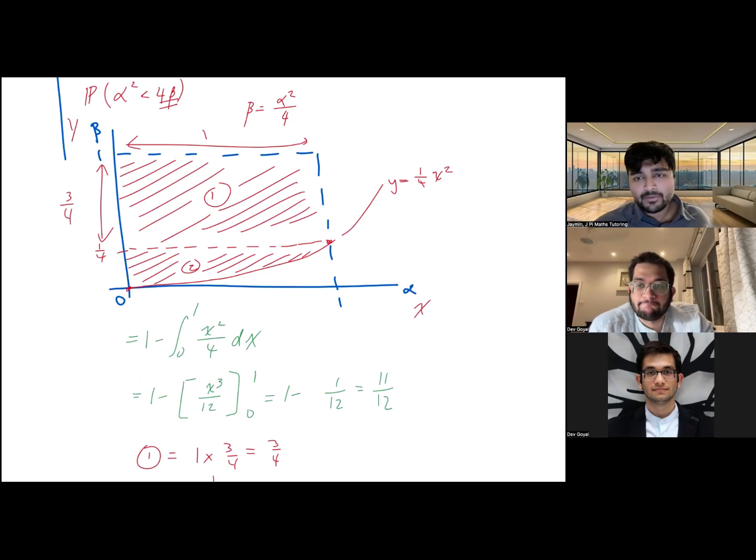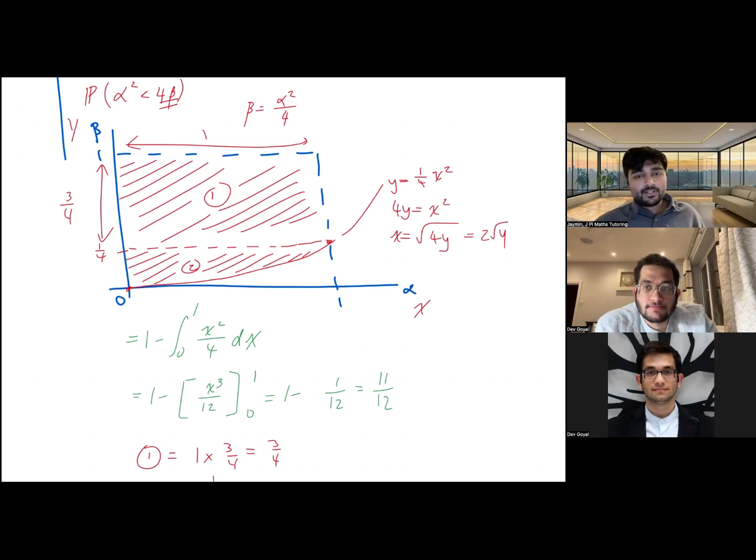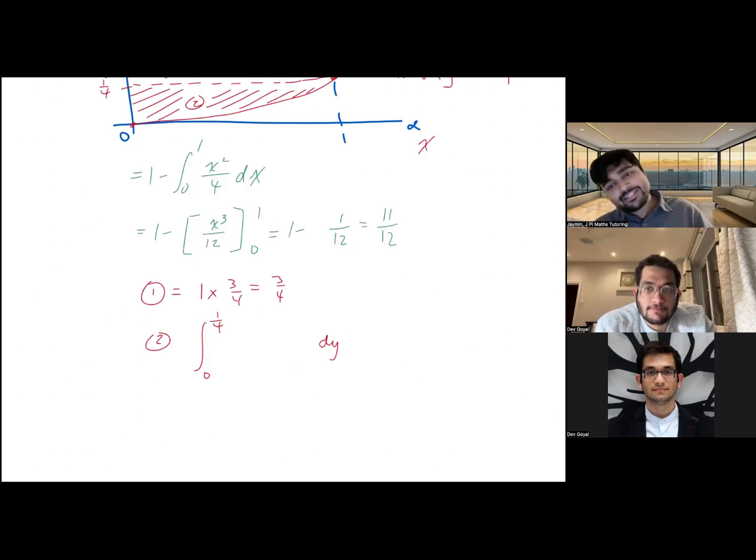If I fiddle about with this, I get 4y equals x squared, and so x is the square root of 4y, because we're only looking on the positive side of x, so we don't need to worry about plus or minus. This is going to be 2 root y. So this function is just 2 root y if we rotate our heads, and what we'd be integrating from 0 to 1/4 is 2 root y dy.